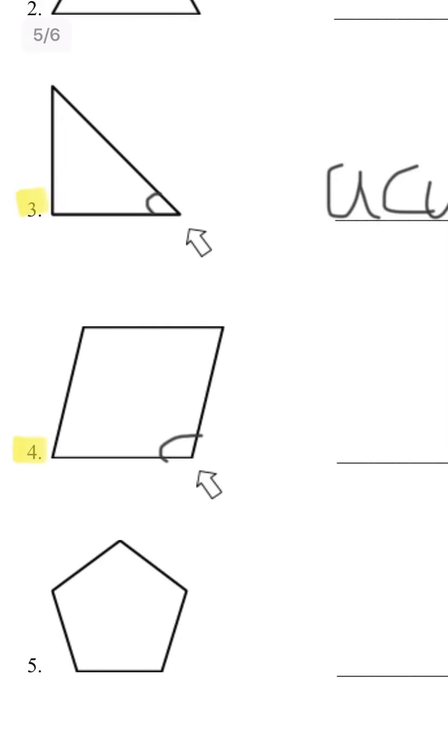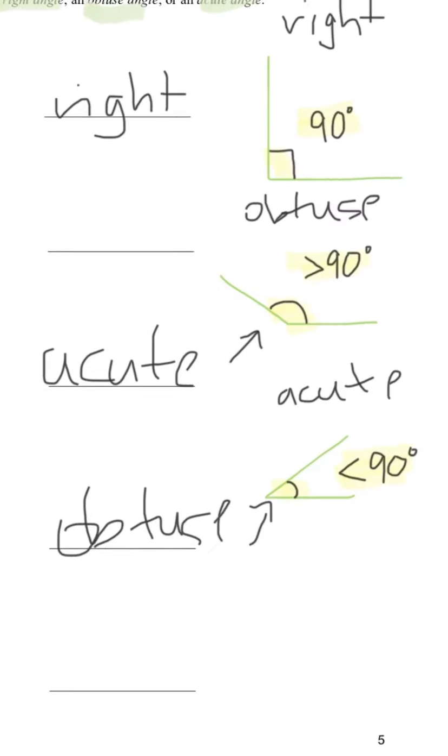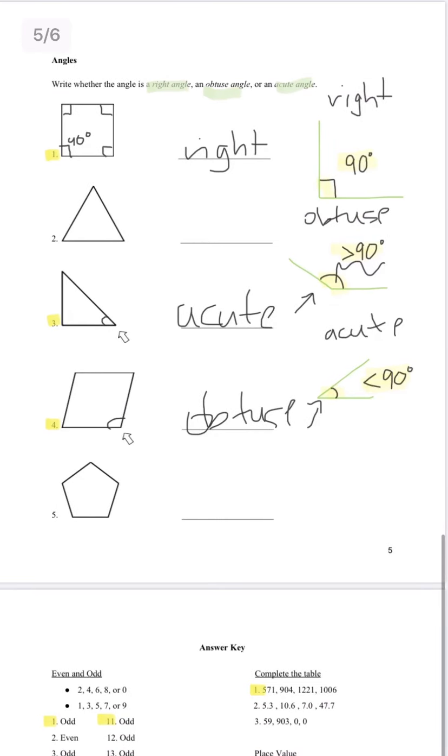It's larger. So what is it? It's an obtuse angle. Right? Because it's larger than 90 degrees. Okay? Hopefully that made sense. So work on number 2 and number 5 to finish the worksheet.